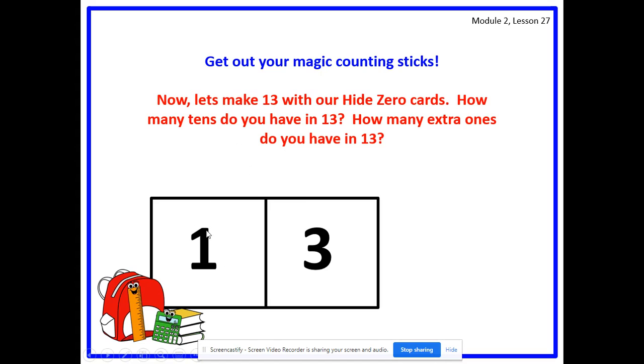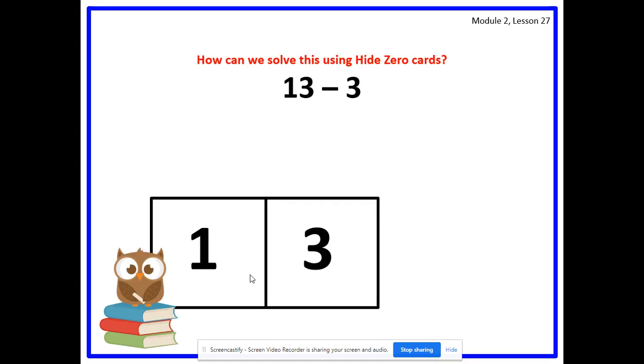Remember, you only have one group of 10. Again, how many 10s do you have in 13? Get ready. Yes, 1 10. How many 1s do you have in 13? Get ready. Yes, 3 1s. Awesome job.